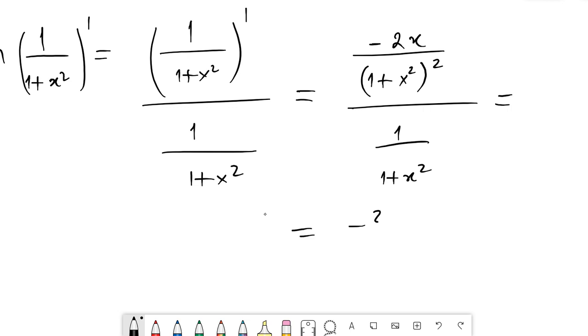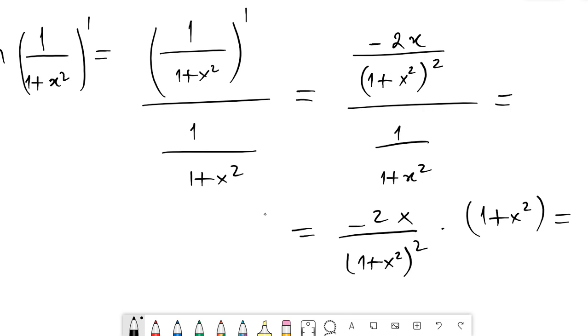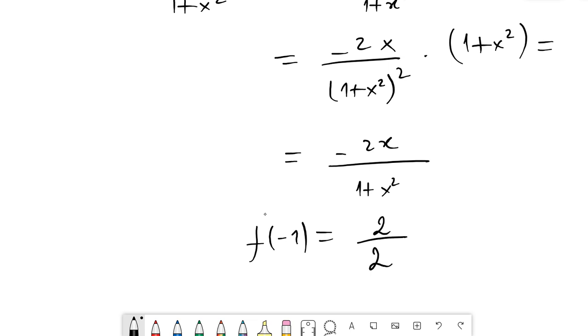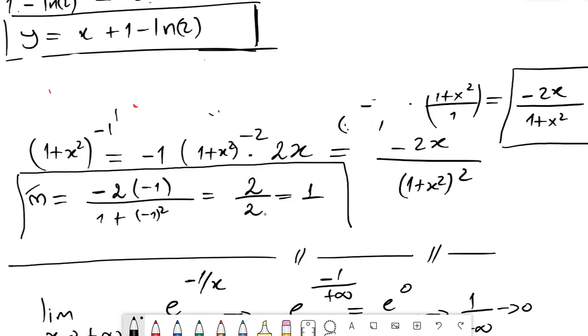So that's minus 2x over 1 plus x squared. Dividing is the same as multiplying, right? We can cancel, and we get minus 2x over 1 plus x squared, right? Since we are on x equals minus 1, that will be 2 dividing 2, that will be 1. Okay, so m will be 1, right?